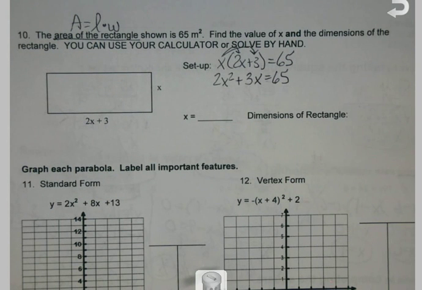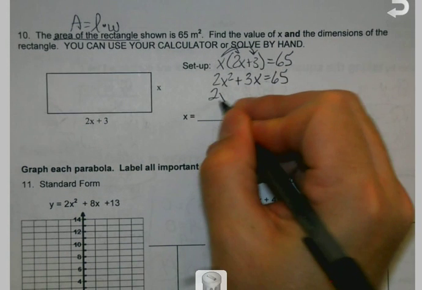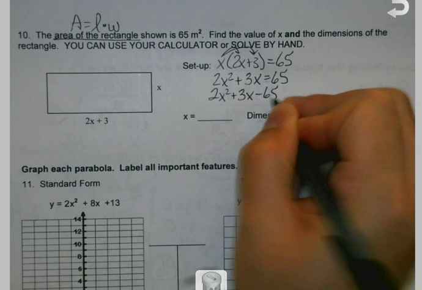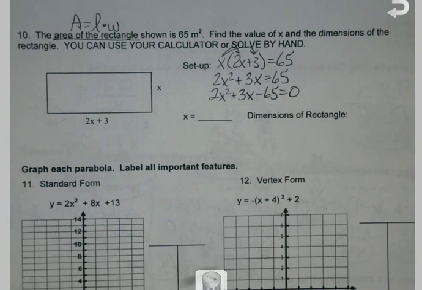And then I'm going to want to factor this. So I need everything on the x squared side. So I'm going to minus the 65 back to the left, so I get equals 0. That's the key. Once I get to equals 0, I can actually do this.